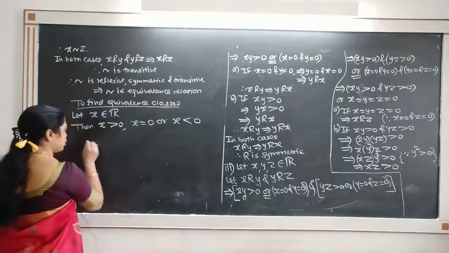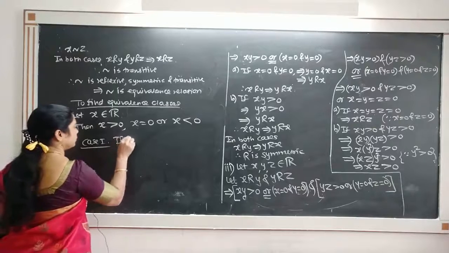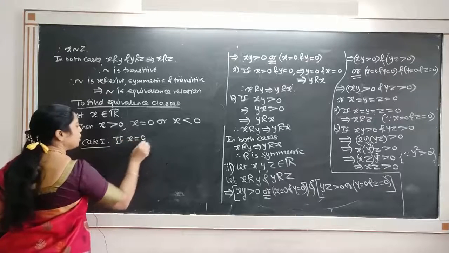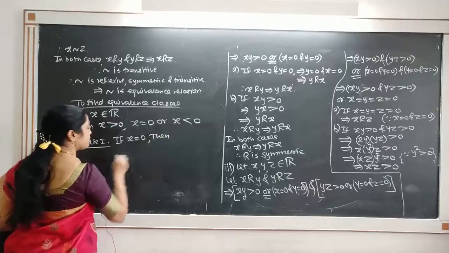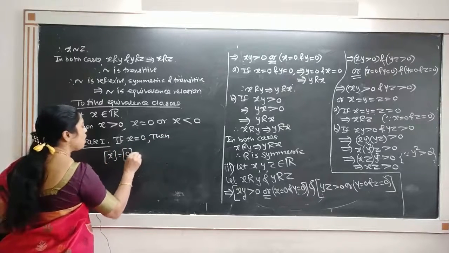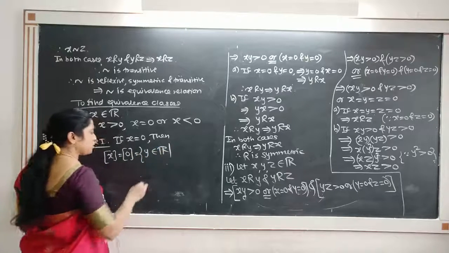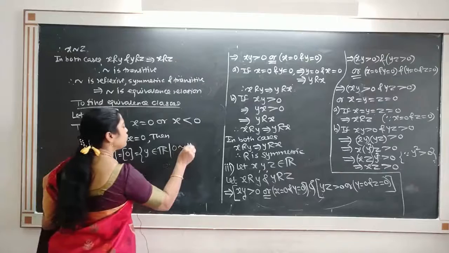So consider x is equal to 0. What will happen if x is equal to 0? Then what is the equivalence class of x? Equivalence class of 0 consists of all those elements y in real numbers such that 0 is related with y.